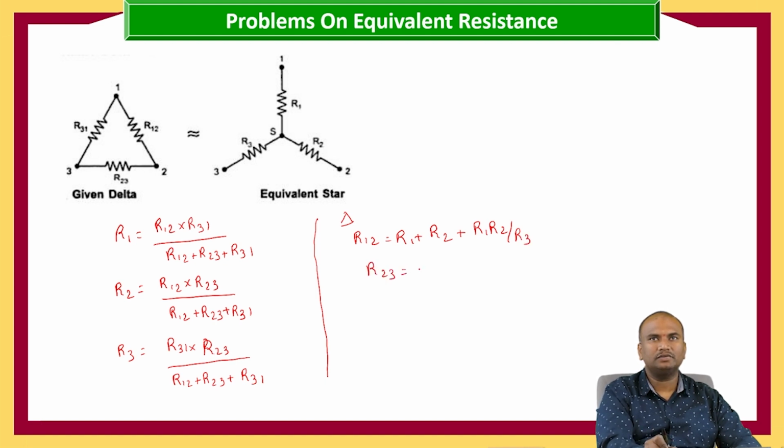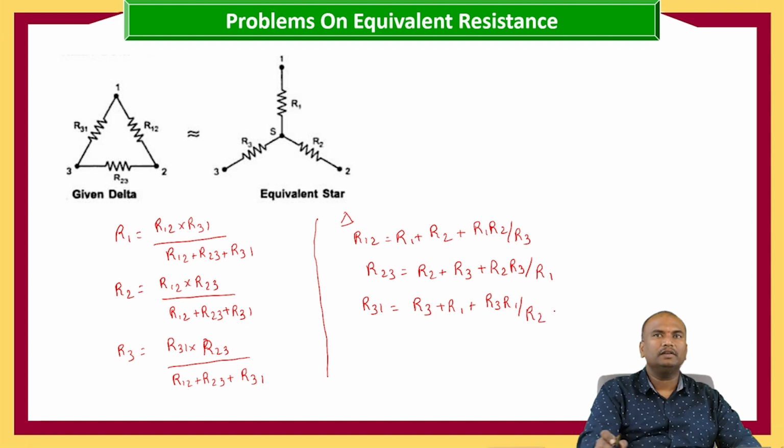R23 is equal to R2 plus R3 plus R2 R3 by R1. R31 is equal to R3 plus R1 plus R3 R1 by R2. These are the formulas from delta to star and star to delta.